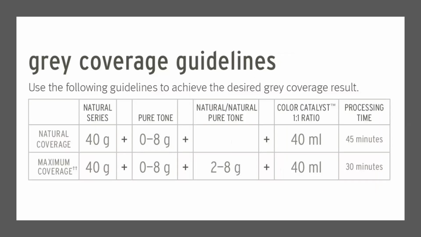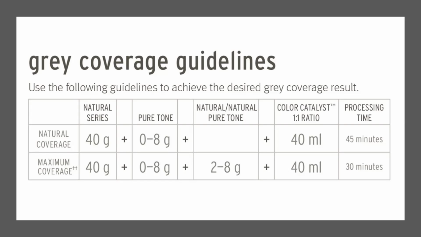A note here when you are working with grey hair coverage. You have 2 formulas here. If you want to get a natural coverage, so this may be somebody who's got a few grey hairs, but it's not that intense, you would use exactly the same formula as normal. So your 40 grams of your natural series, anything from 0 to 8 grams of your tone. You don't need to add any natural.